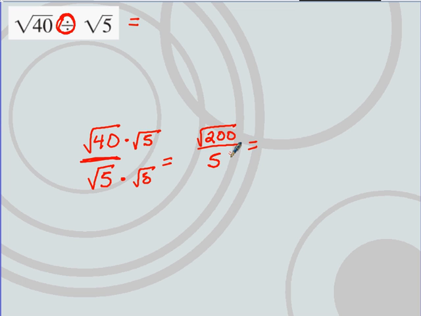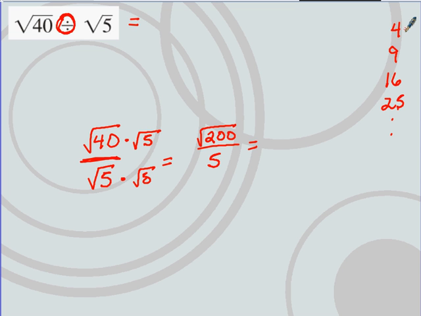Allie, what are some radicals that you know that are inside that 200? You know the square root of 4, the square root of 9, 16, 25, dot, dot, dot. You see any perfect squares in 200? Maybe that would help.